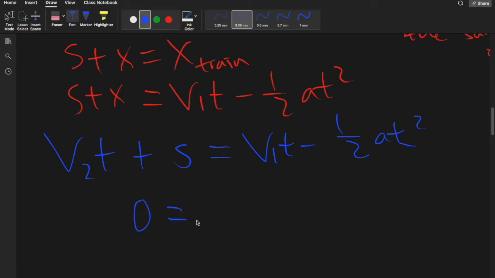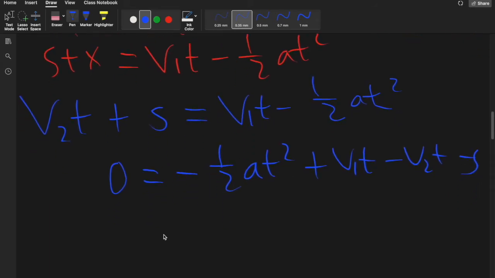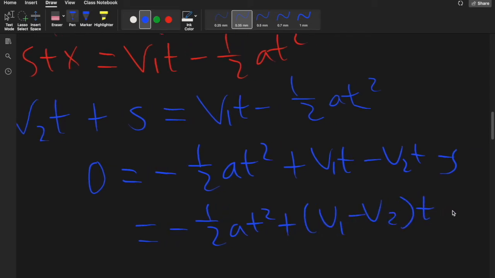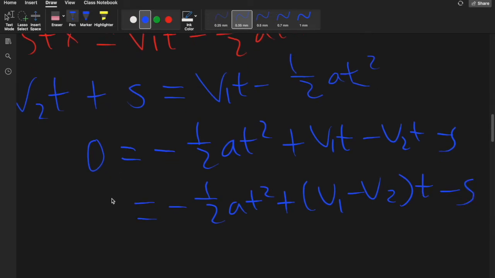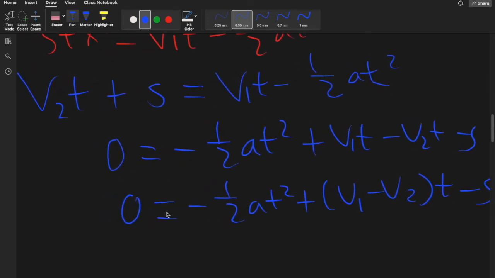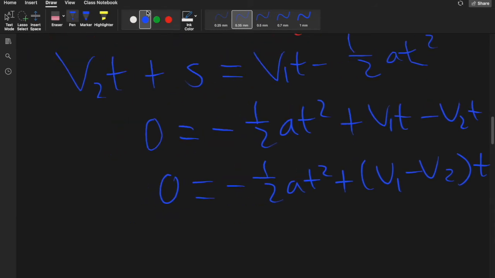So 0 is going to be equal to negative a half times acceleration times t squared plus v1 t minus v2 t minus s, combining the left terms: plus (v1 minus v2) times t minus s. But this is what happens if they collide. The problem is we do not want them to collide.